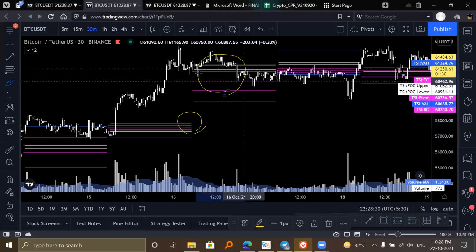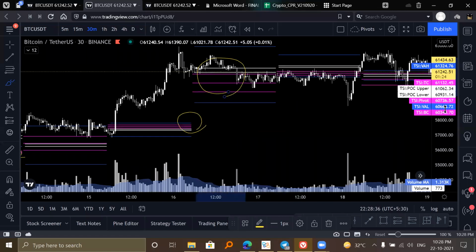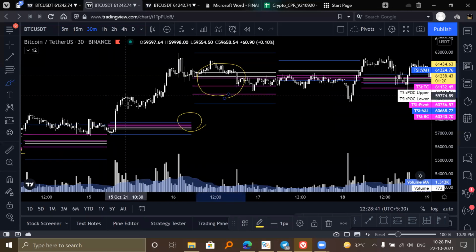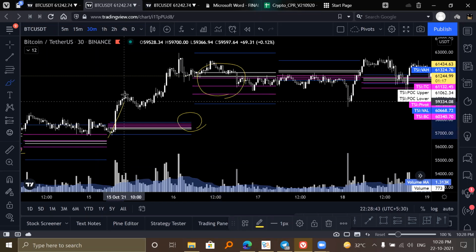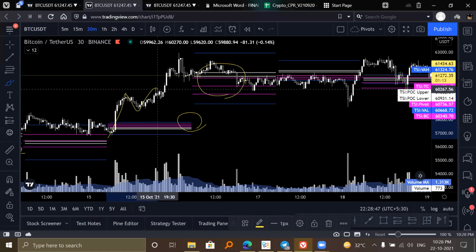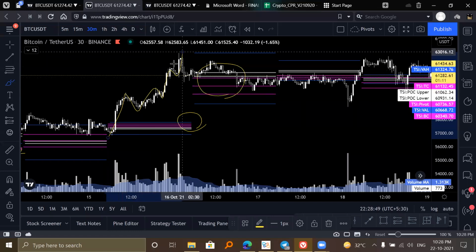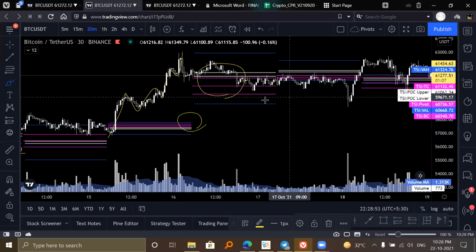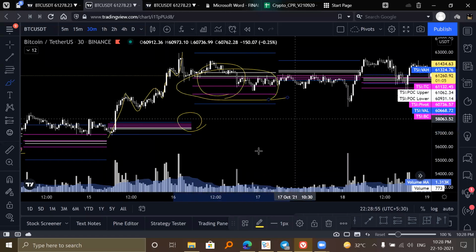These formed the wide pivots because the previous day the market moved quite up. You can see lower high and higher high, higher high and lower high. Price formed like this and went up. That's why the pivots were also quite distant from each other.